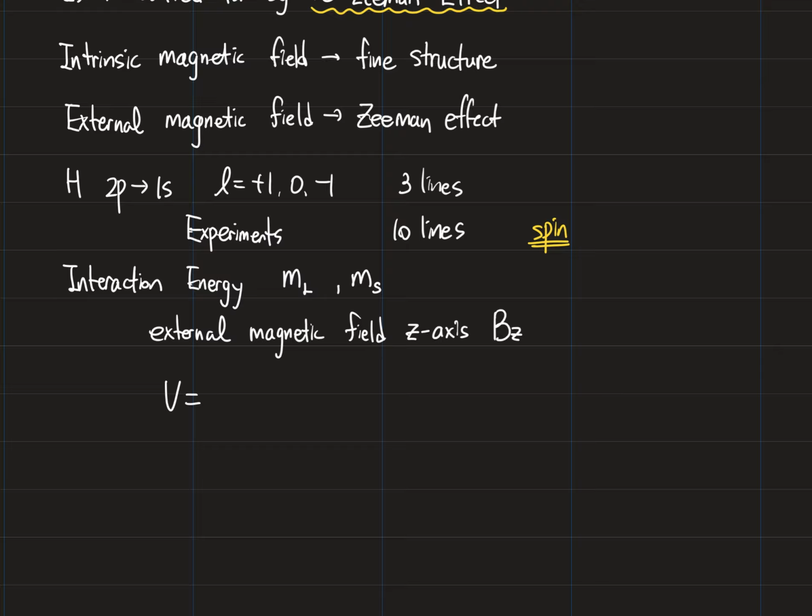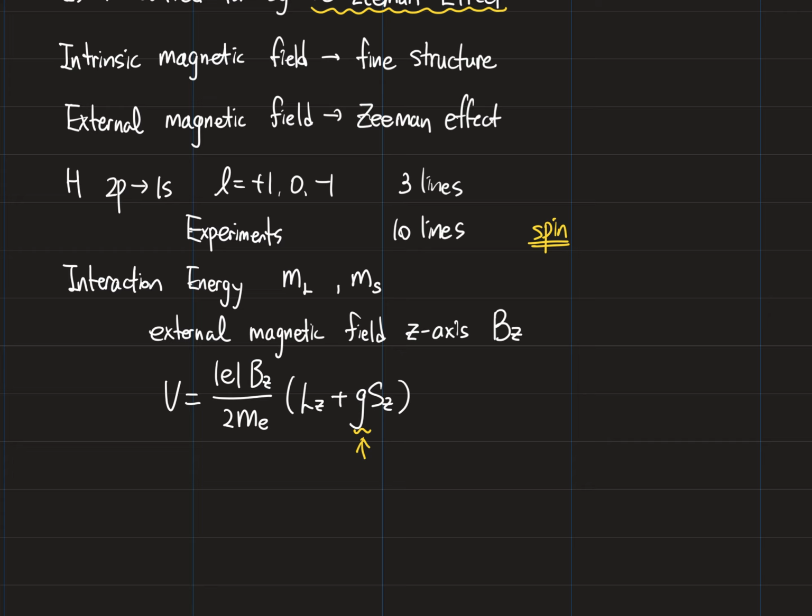2m. Oh, sorry, we don't need to take the absolute value for the mass because it is already a positive value. L_z plus, notice that tricky little g next to the spin operator here.